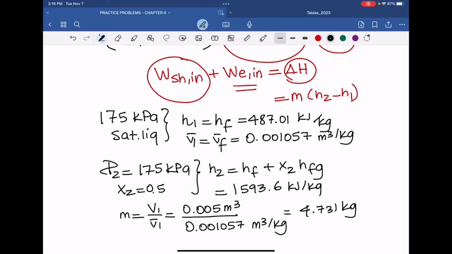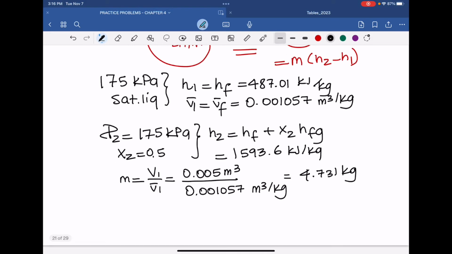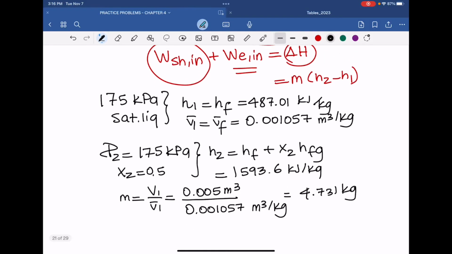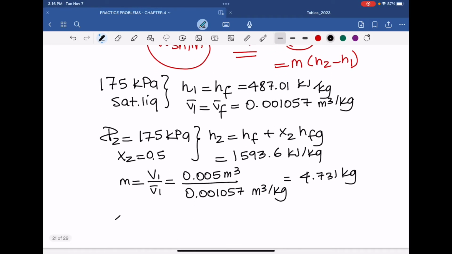Now I can find electric work. Let's do that. Shaft work is 400. We are trying to find electric work, which is equal to mass times enthalpy change.